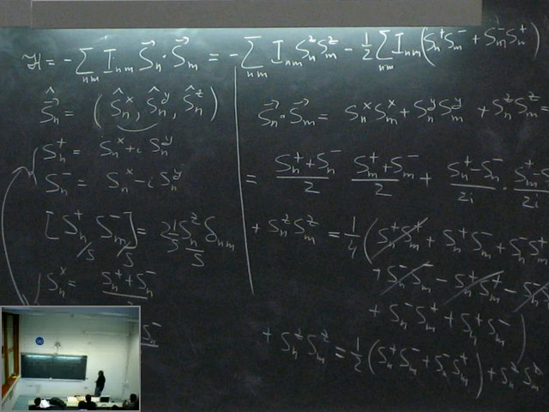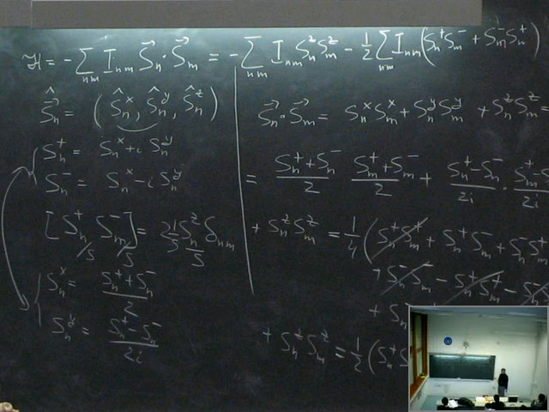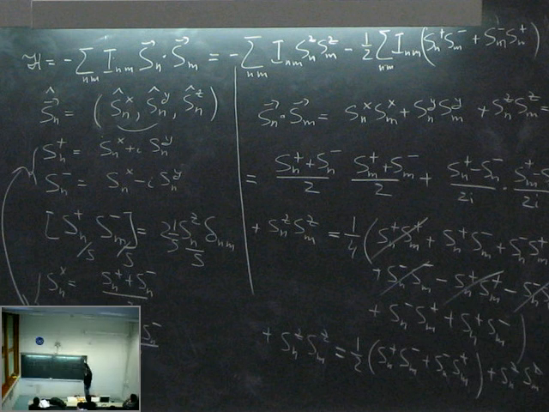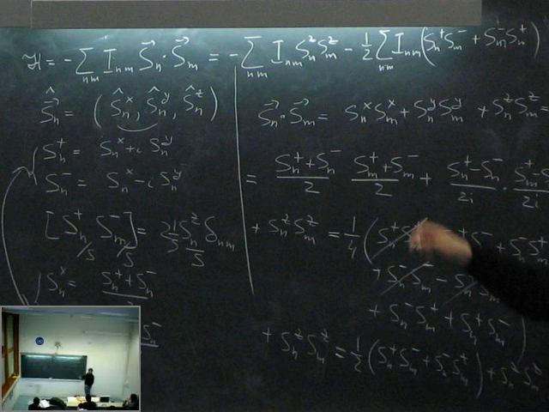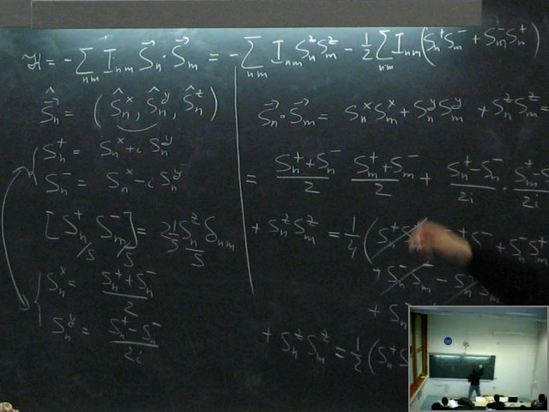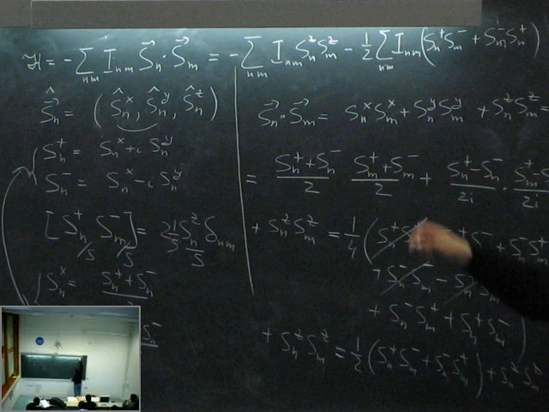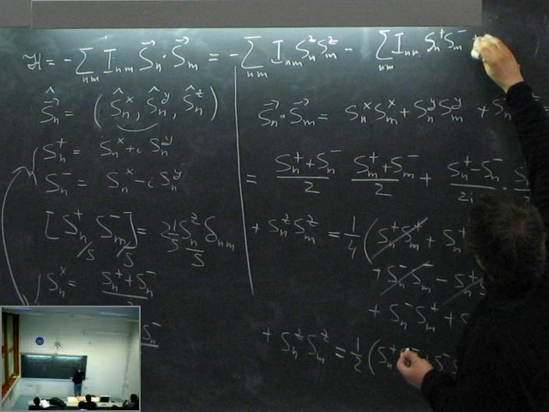And then I use the fact that they commute. Since S_m^- S_n^+ is equal to S_n^+ S_m^-, it just doubles the term in front of the bracket. So I will do it that way. Or equally, I can write S_n^- S_m^+.